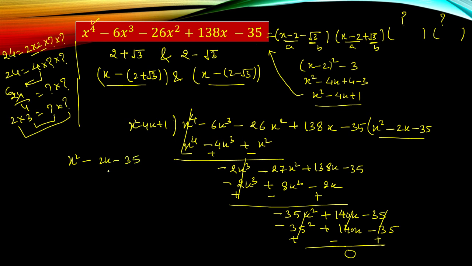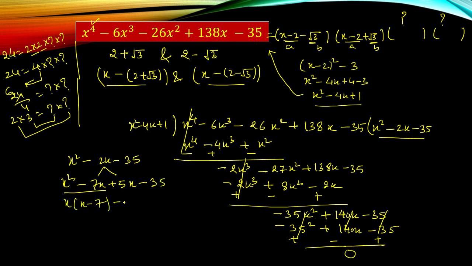So how can we get the factorization of this one? So splitting the middle term is the right way and it is the only way right now. So we can say minus 7x and plus 5x are the splitting parts of minus 2x, and minus 35 as it is. So in the pairs we are finding x is common, so x minus 7 remains inside.